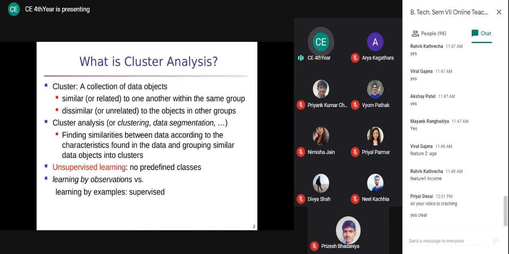Have you seen any similarity? If you have observed some similarity, you can write it in a comment. Which kind of similarity have you observed? Similarity in terms of items, whichever items are present over there.